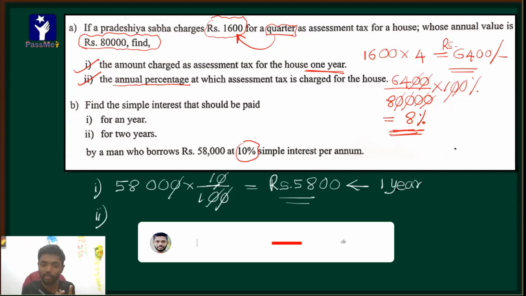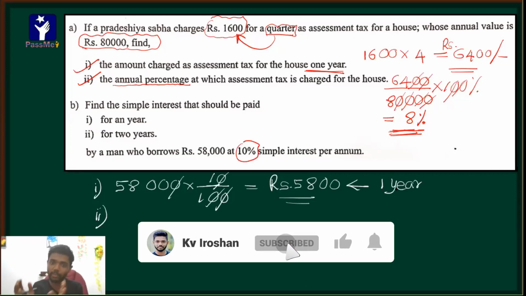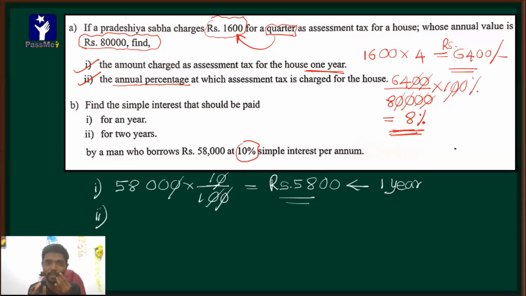Equal amount. After 1 year, you need to pay 5,800 rupees as simple interest for 1 year. Then for 2 years, you just need to multiply this value by 2.